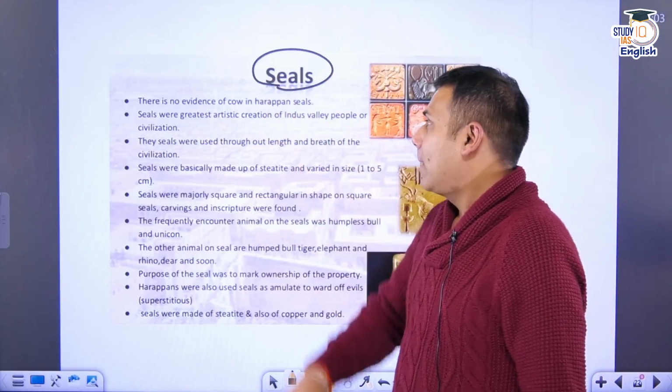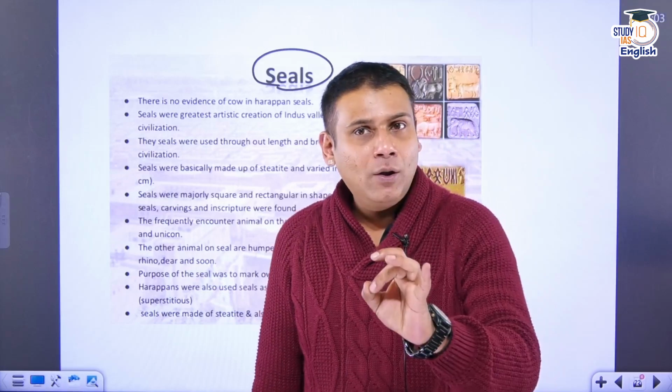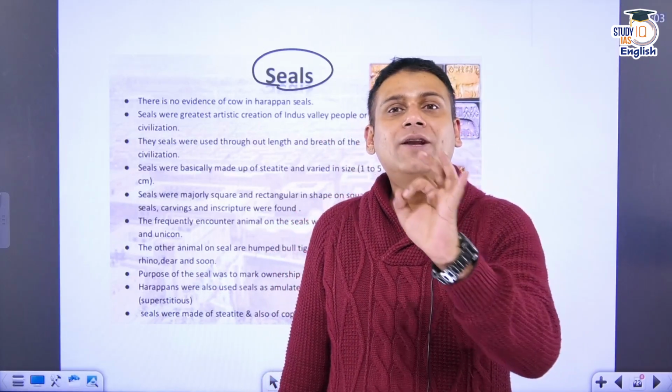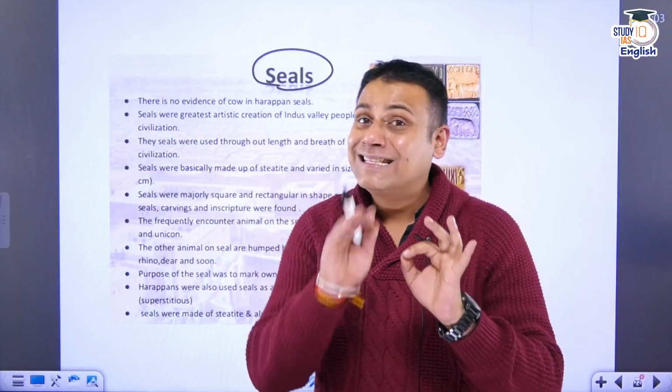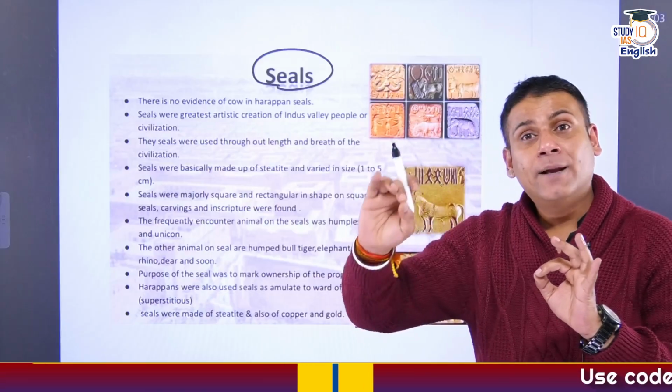Seals. Seals are square, rectangular and irregular shaped. On square shaped seals, one can find inscriptions plus carvings, whereas on rectangular seals, only inscriptions are found.